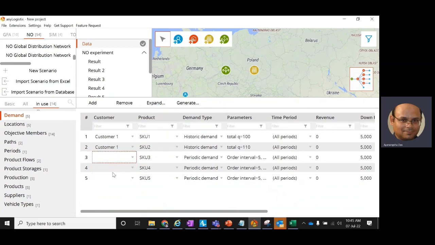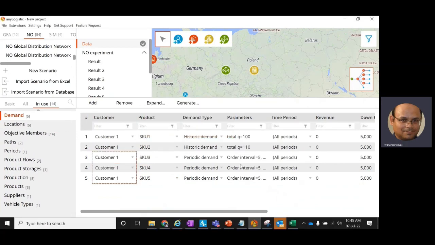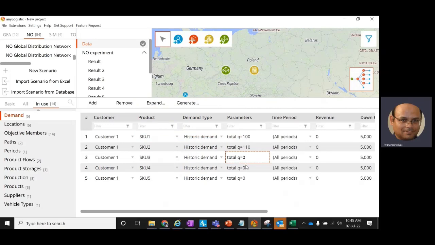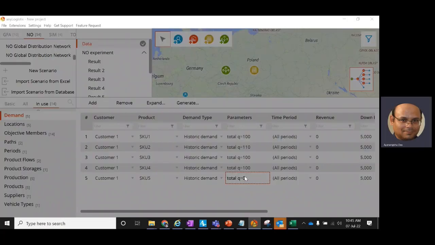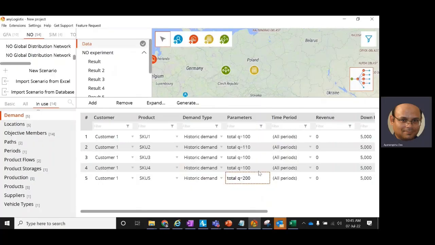We will select all of them together, press the space bar, and then we can specify all of them as required. So we are specifying them as 100, 100, and 200. So the demand for these 3 SKUs together is 400.